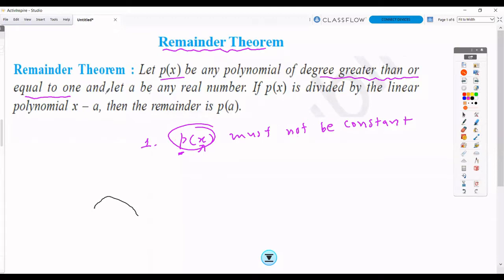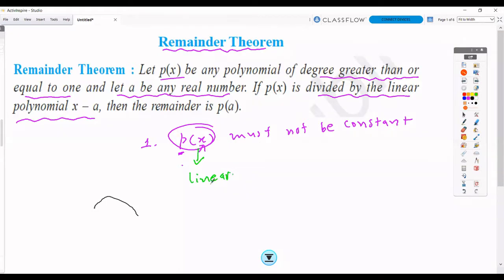Now, let a be any real number, and if P(x) is divided by a linear polynomial, once again we have another limitation. P(x) is not going to be divided by every polynomial, but must be divided by a linear polynomial.